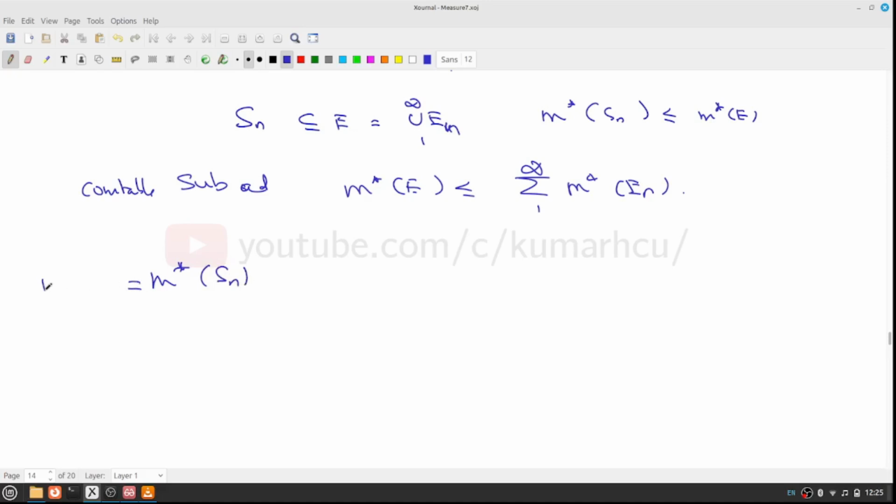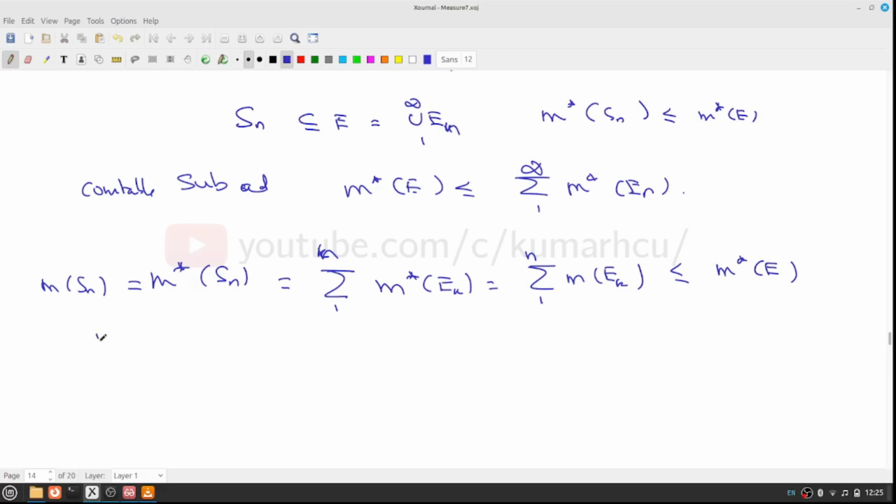This is the same as m of Sn because the Sn are measurable. We have seen that these are pairwise disjoint, and that measure is finitely additive on a pairwise disjoint family. Therefore this is the sum k equal to 1 to n of m star of Ek, which is the same as the sum of m of Ek. Therefore this is less than or equal to m star of E.